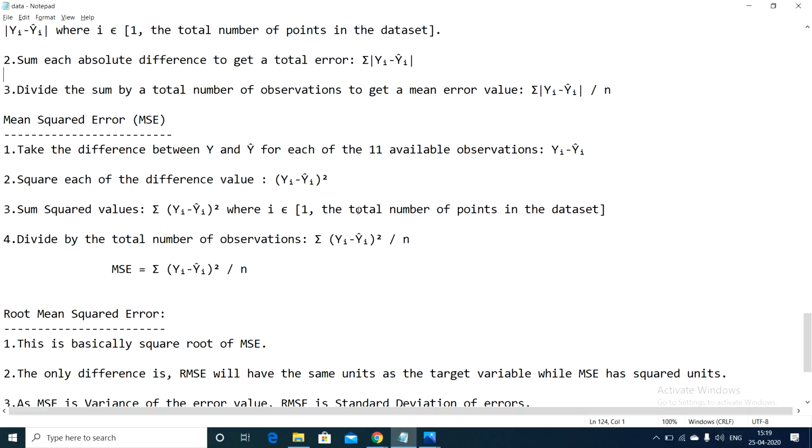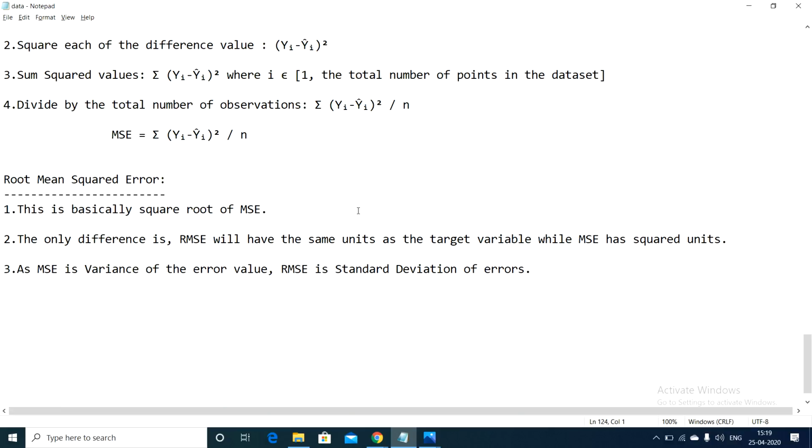After squaring, we will sum all the errors. After summing all that, we will divide by the total number of instances.